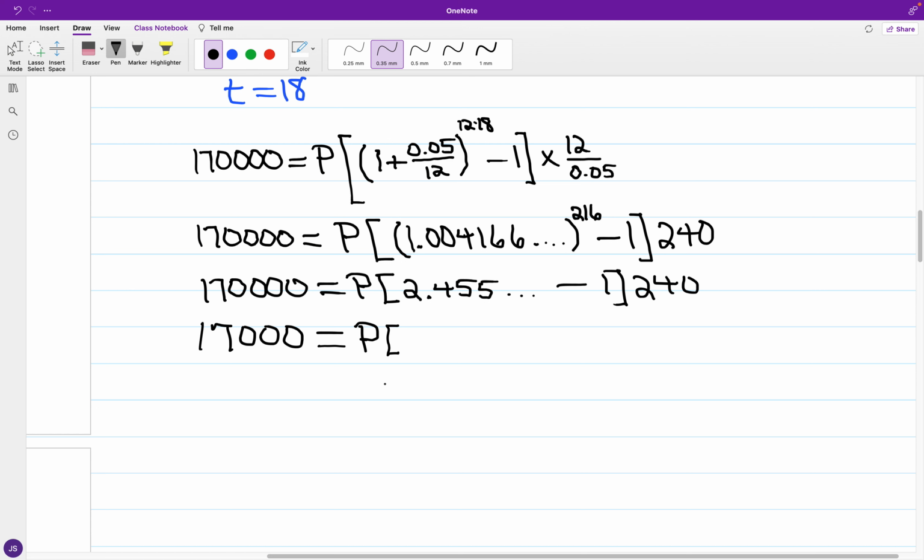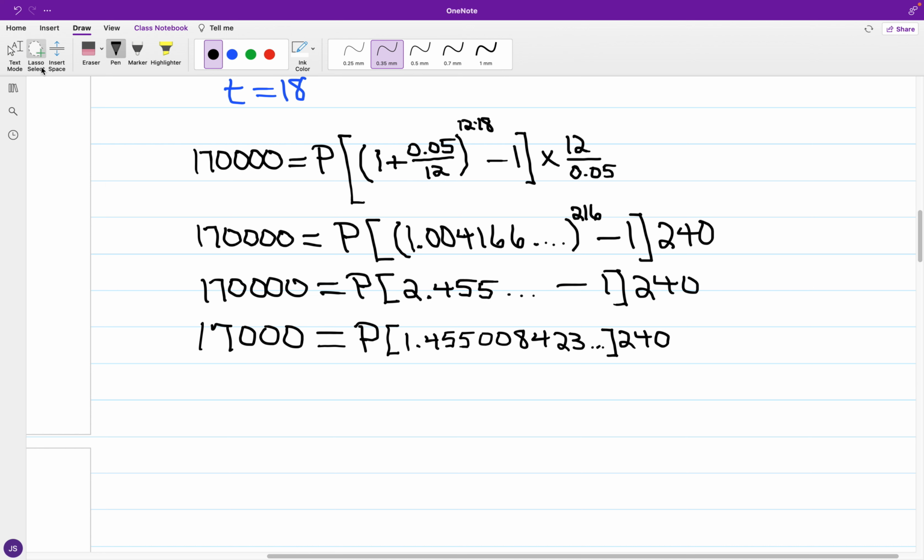So that's going to be 1.455008 423 times 240. Again, we're still solving for P.